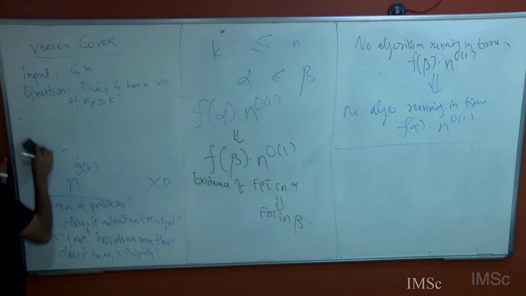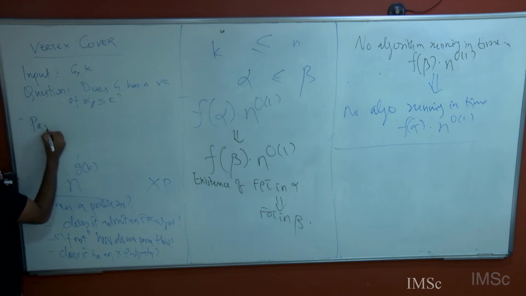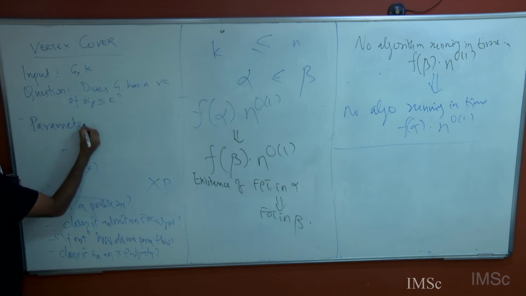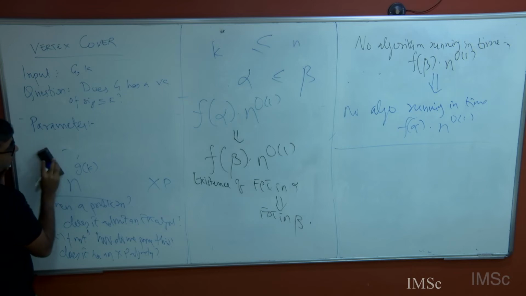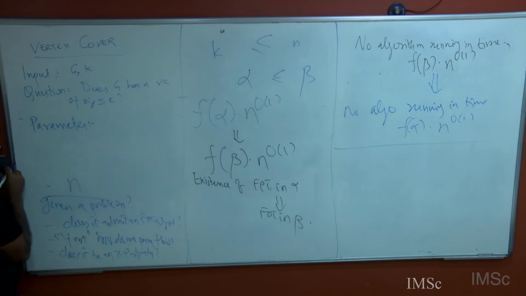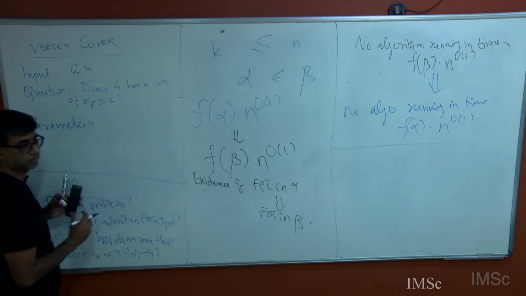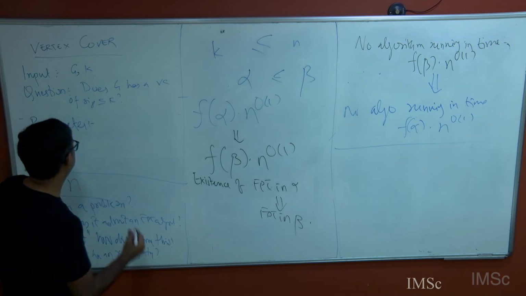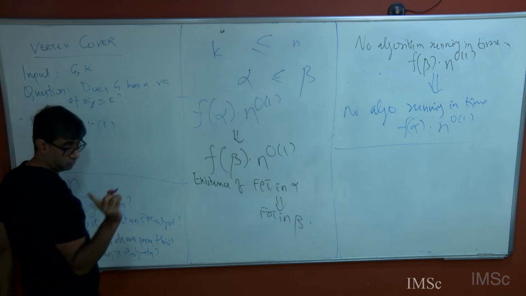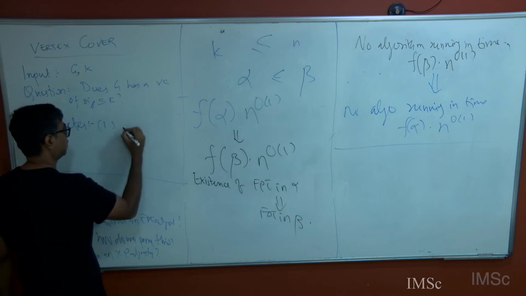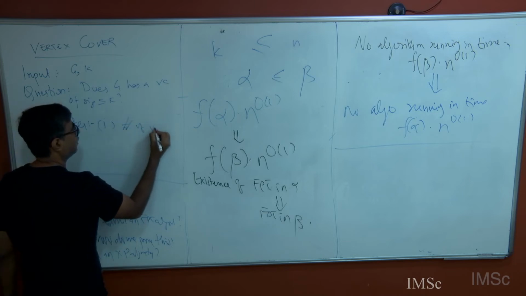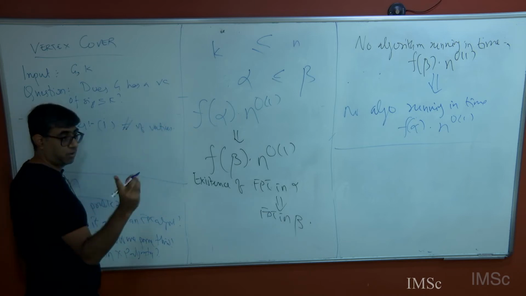Not only this, I have to also tell you the parameters. What are the parameters did you see? Solution size, no, that's not the first thing we saw. First is vertex size, number of vertices. That was one.